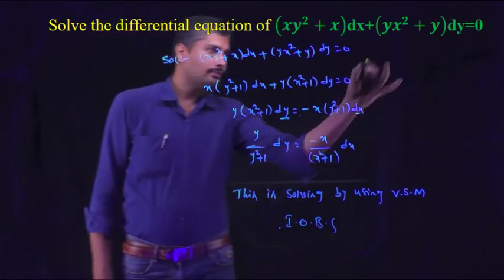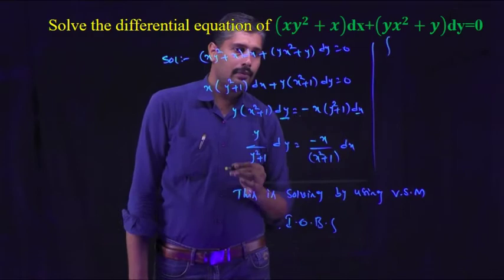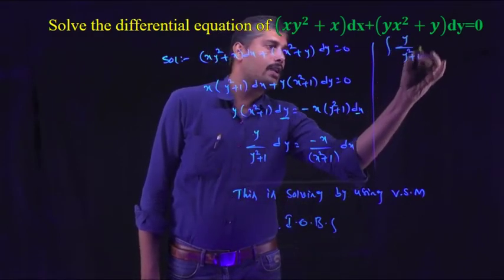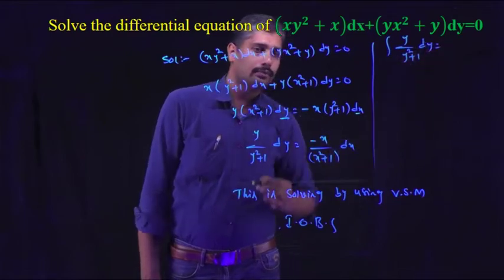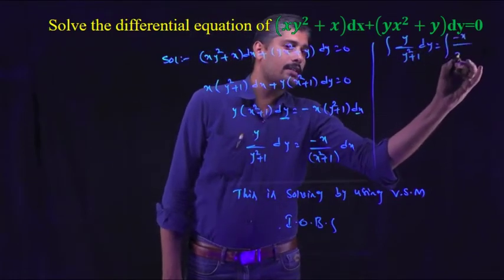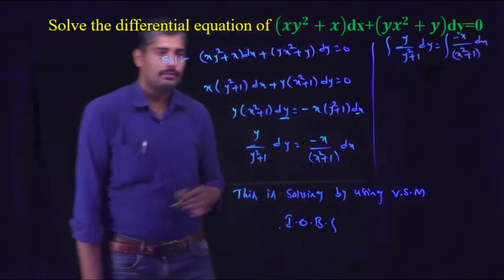Then integral y by (y² + 1) dy equal to integral minus x by (x² + 1) dx. Right?